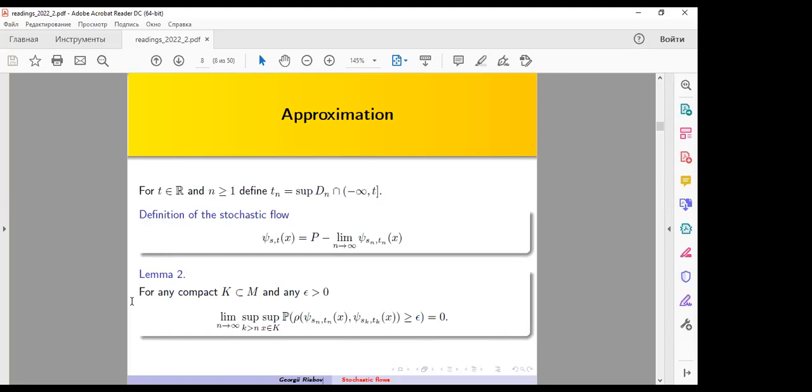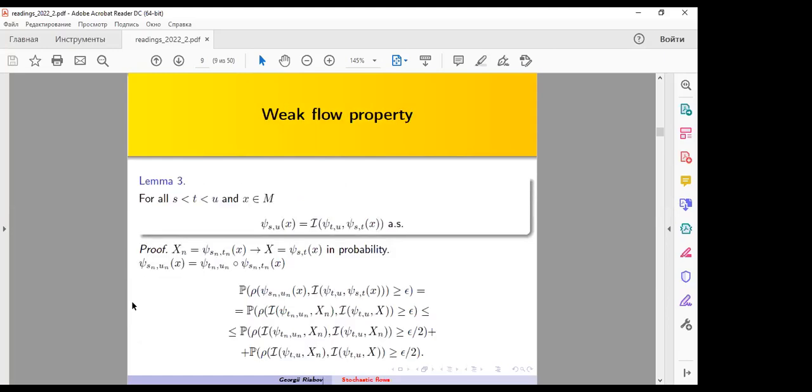So first, psi Sn Tn x are concentrated on the same compact with large probability, and then we can truncate the distance function in a proper way. The constructed object psi is the stochastic flow that we need.